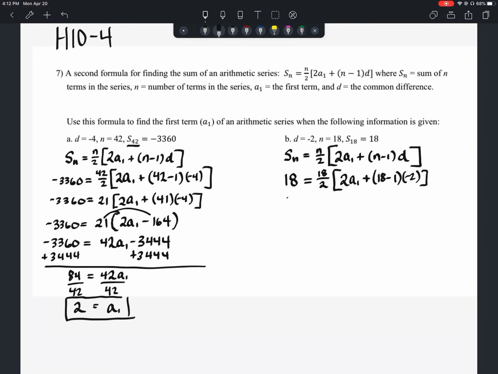And we'll just take it here and simplify what we can. That's going to be a 9 out here. 2 times the first term, this would be plus 17 times negative 2, which would be a negative 34.